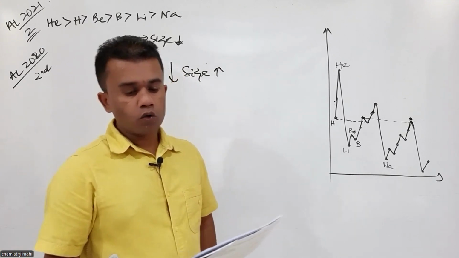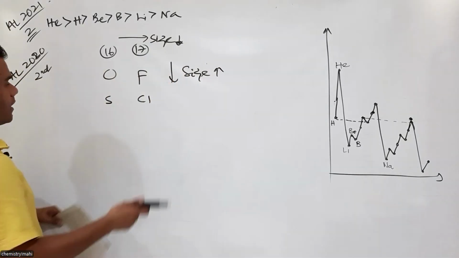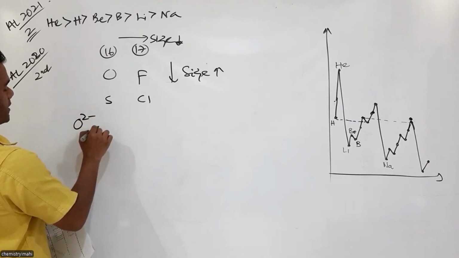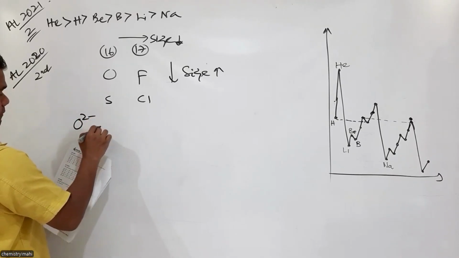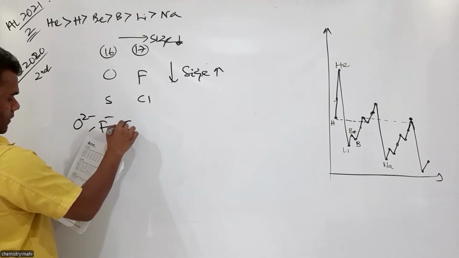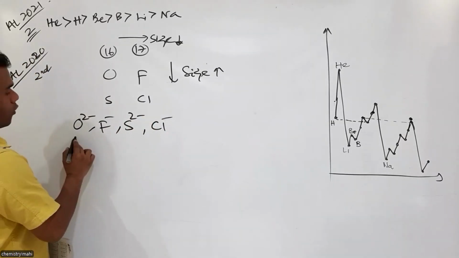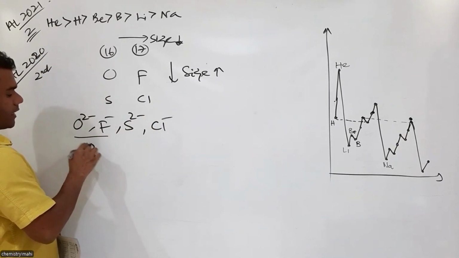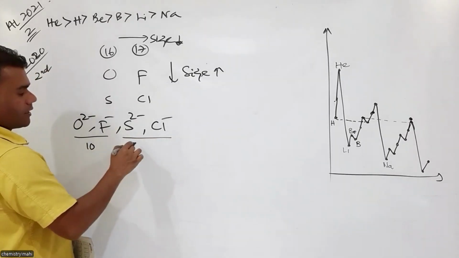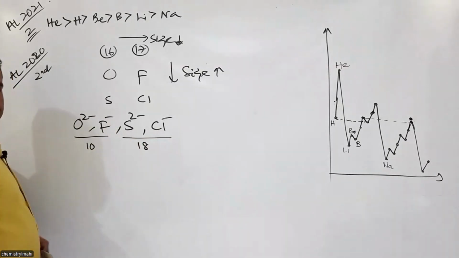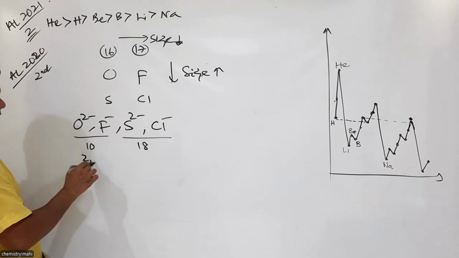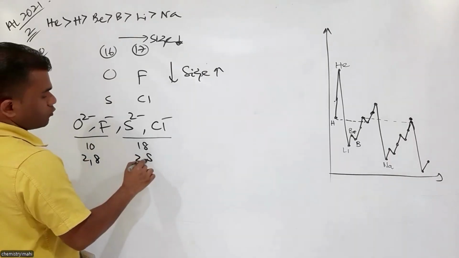Next, you are given O2 minus, F minus, S2 minus, and Cl minus. In O2 minus and F minus, there are 10 electrons. In S2 minus and Cl minus, there are 18 electrons. So when you write the configuration, 10 means 2, 8. 18 means 2, 8, 8.